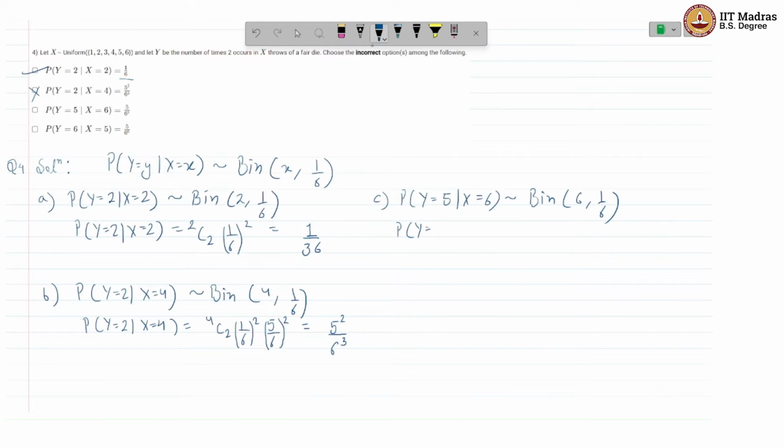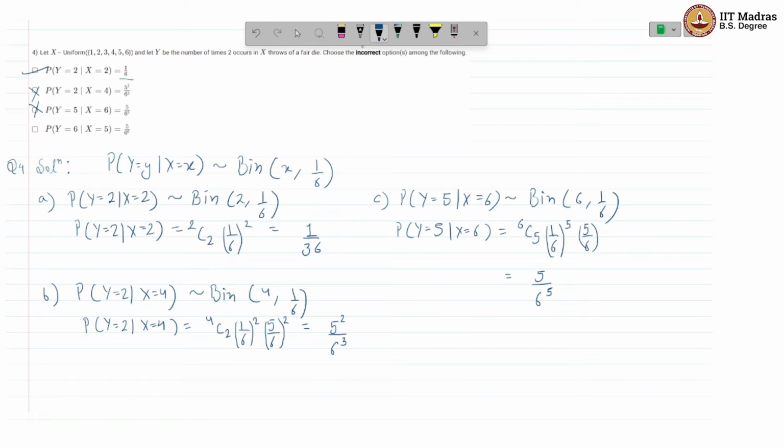So probability y is equal to 5 given x is equal to 6 will be equal to 6C5 (1/6)^5 into 5 by 6. On further calculation, this will be equal to 5 divided by 6^5. As in the option C, the same value is given, so we'll not mark this option.